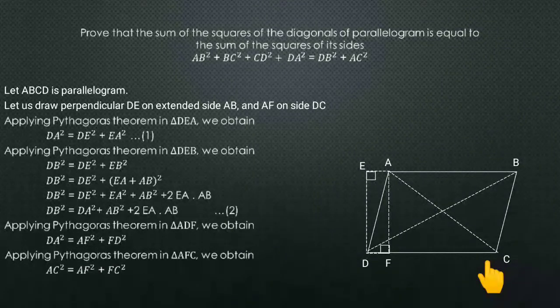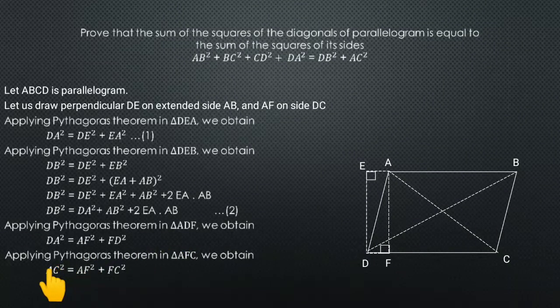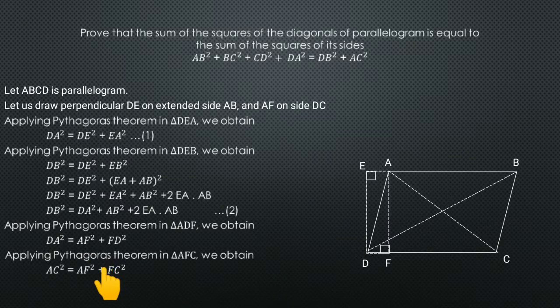In the next step, we have to simplify this result. Instead of FC, we can write DC minus FD, and we simplify this term (DC minus FD) whole square using (A minus B) whole square.